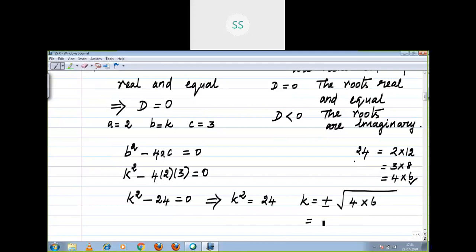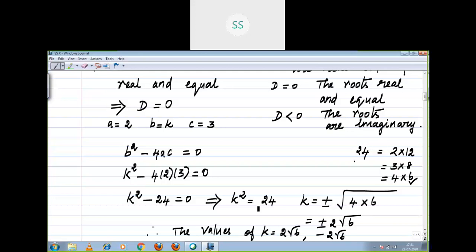Each and everything you have to be very careful about. Then what is the square root of 4? 2. Root 6. Therefore, the values of k, two values you are getting, no? Values of k equal to 2 root 6, comma, minus 2 root 6.